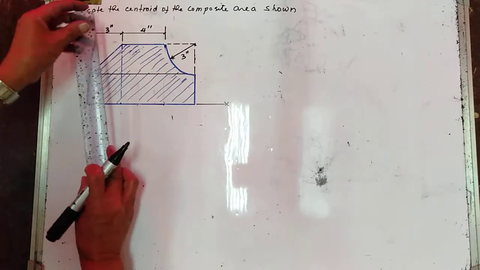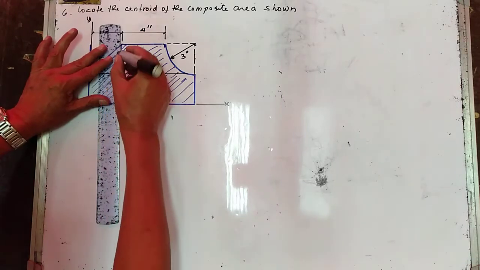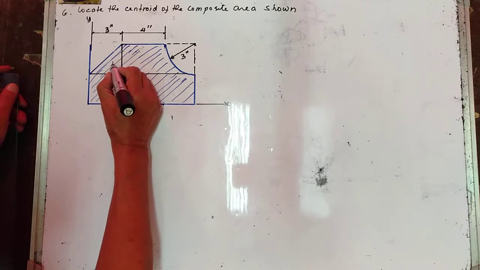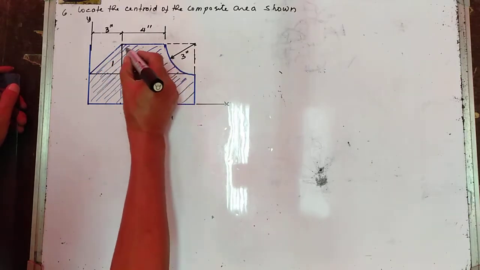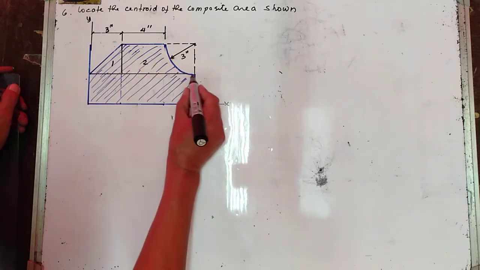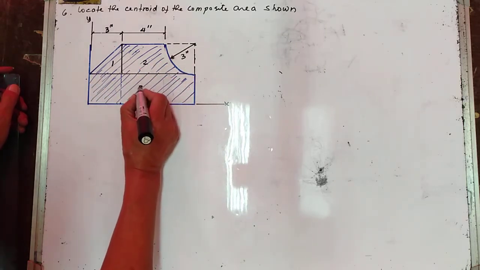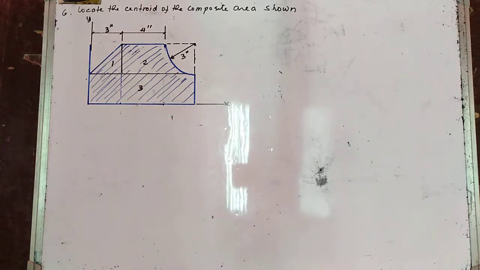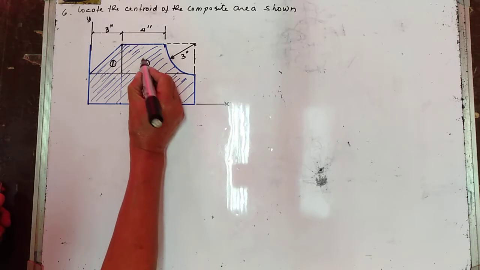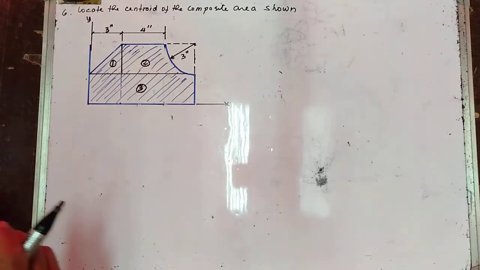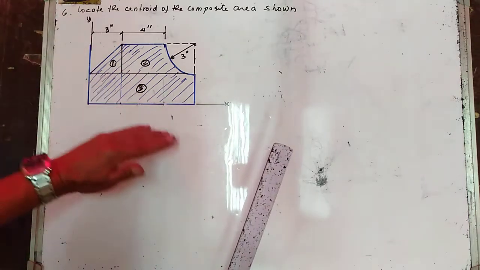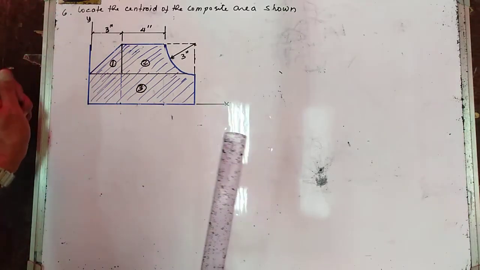I'm going to consider this triangle in here as area 1, and this is now your area 2, and this one in here is now your area 3. We are required to determine the centroid with respect to the given x and y axis.